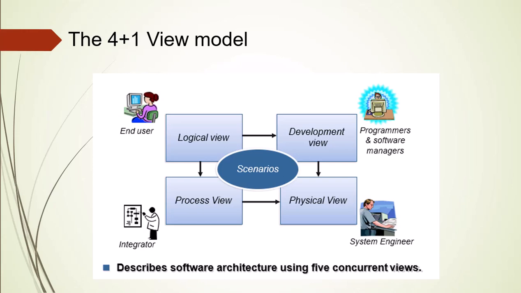So developers are responsible, and then some process is needed, because without process and without certain activities like an activity diagram, which shows all the processes or actions from start to end, the logical views cannot be implemented. And when this process is implemented, it can be viewed on physical devices.